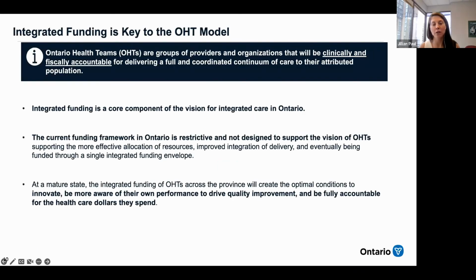Thanks so much, Walter, for inviting us here today to talk about this, and really looking forward to the discussion. So we'll run through these slides, which many of you have probably seen a version of or heard me speak about before. So when we first introduced the idea of Ontario Health teams in Ontario, we were given the opportunity to outline what a mature state of OHTs would look like.